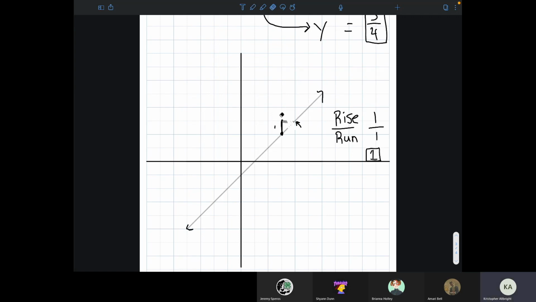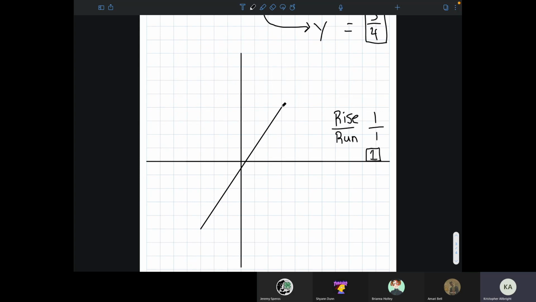Well, sometimes it's not as simple as that. Sometimes it's not just a whole number, or sometimes it's not just 1. So if we do this, now we're going to do the same thing.